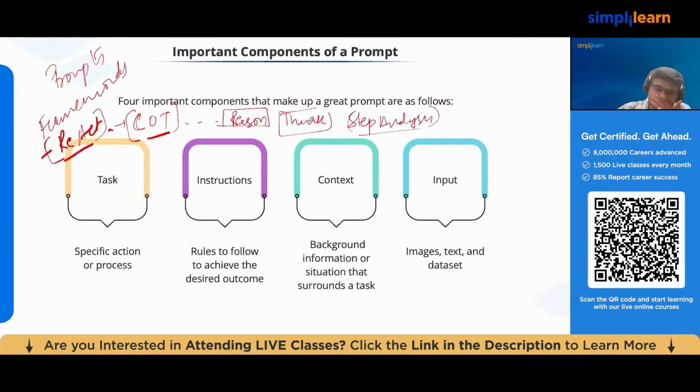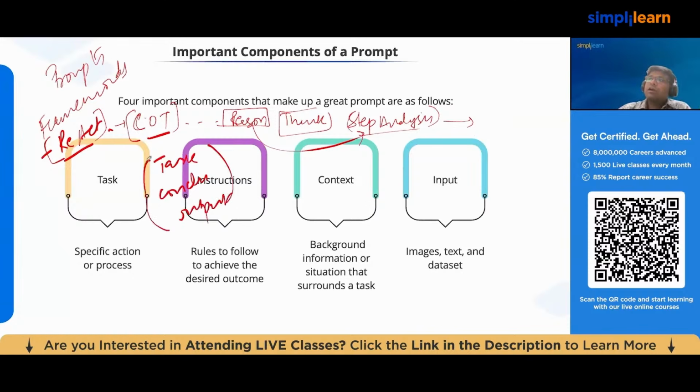So these are some of the terms you can ask it, like after reasoning, just apply the step analysis and then give me the answer. Okay, so these frameworks could be used that way. So you have some task defined, you have some conclusion, you wanted to have an output.